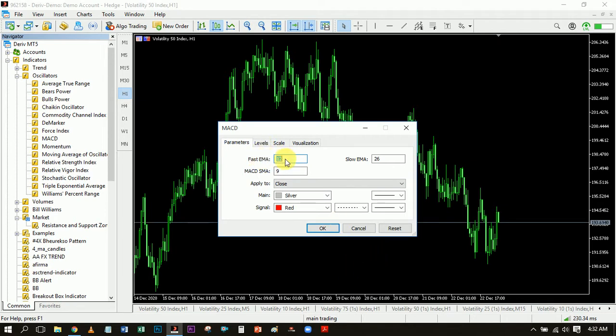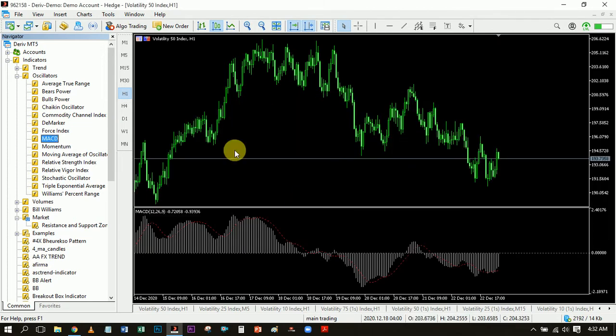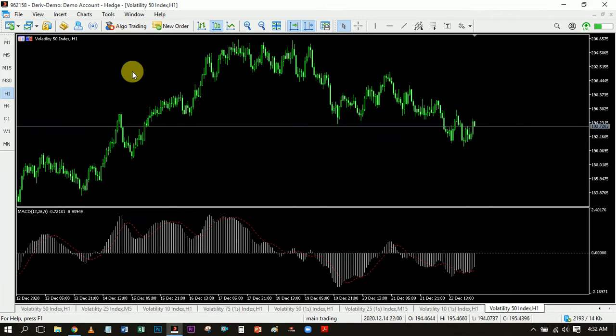So with this, your histogram is calculated, and with this you also get your signal line. So this is the MACD SMA. The result of this, whenever it crosses, is what gives you your signal. If you don't understand that, don't worry, you'll see that in a bit. Once you're done, you just click OK. Alright, so this is how your MACD looks on the default.